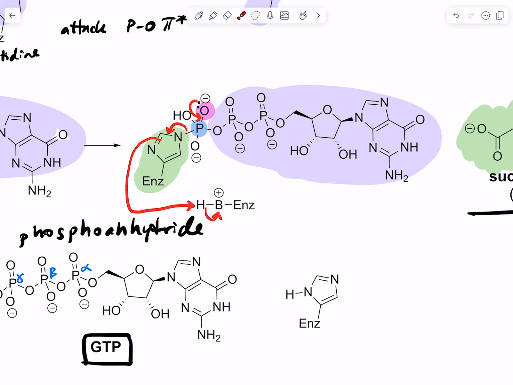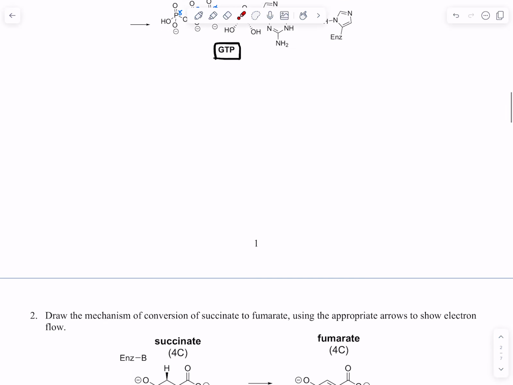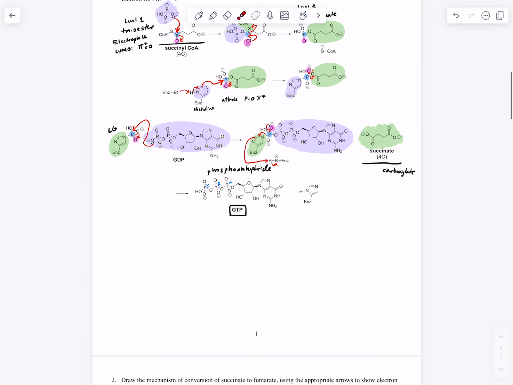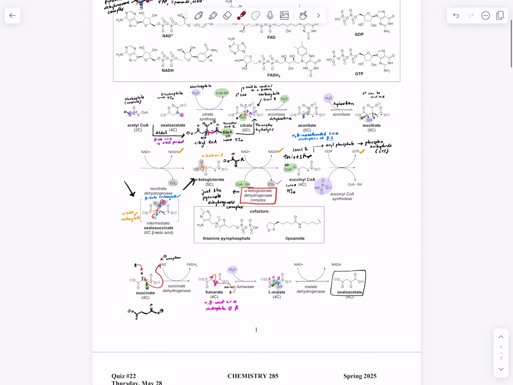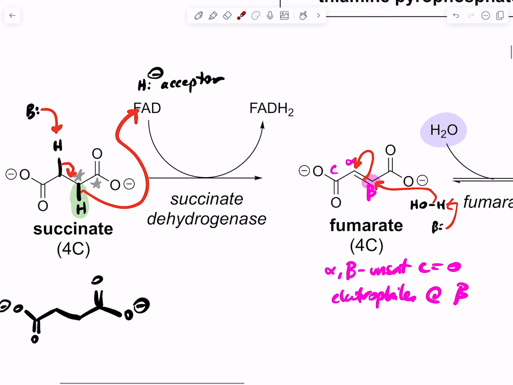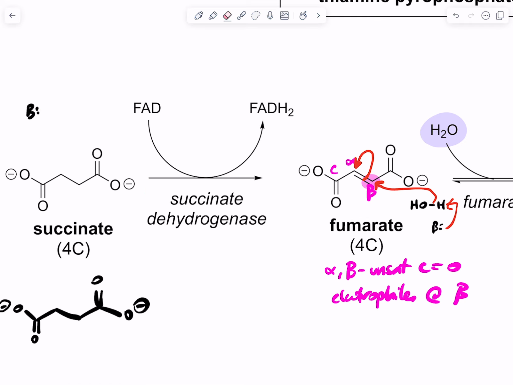All right. Let's take a look at the next step. Maybe I'll scroll up to our overview of the citric acid cycle. In the next step, I'm going to erase what I drew before.